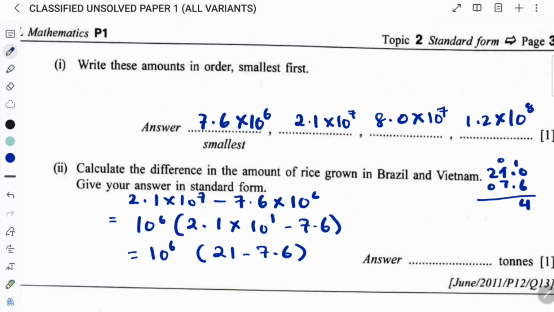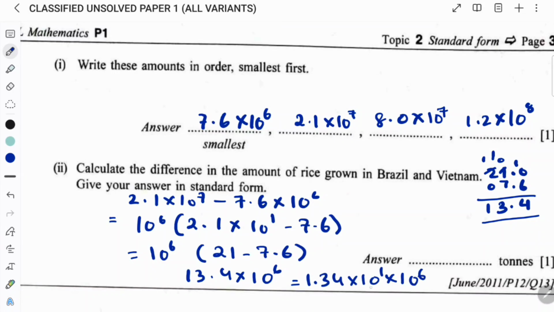Now it's 0, so I'm going to take one more number here. 1 will be left, and then 10. 10 minus 7 will become 3, and 0 minus 1 is 1. So that is 13.4 into 10 to the power of 6. So that is 1.34 into 10, 1 into 10, 6. Altogether it is 1.34 into 10 to the power of 7.